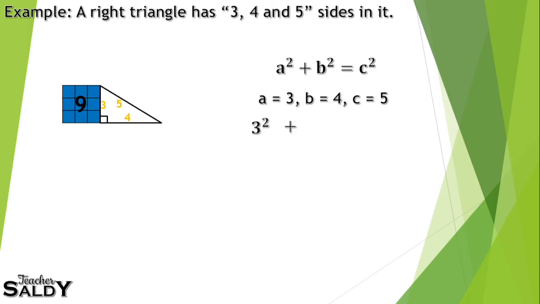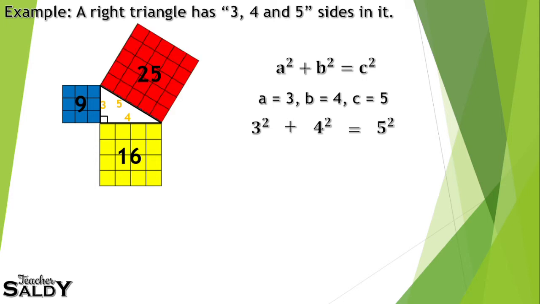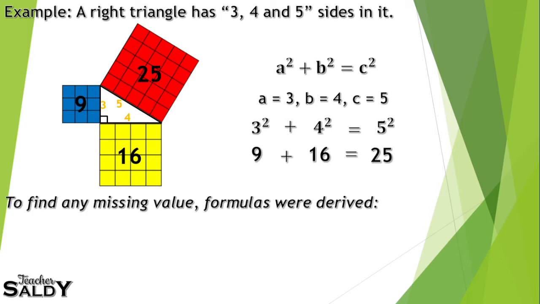So squaring A, we get 9. So A squared, that's 9, plus 4 squared, which is equal to 16, which is equal to 5 squared, that's 25. So 9 plus 16 is equal to 25.